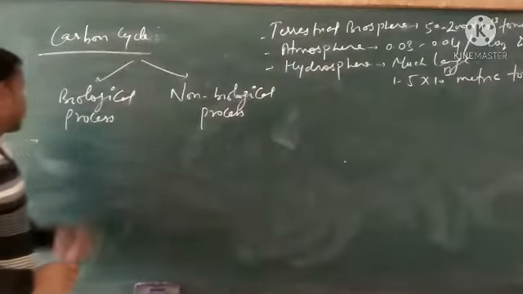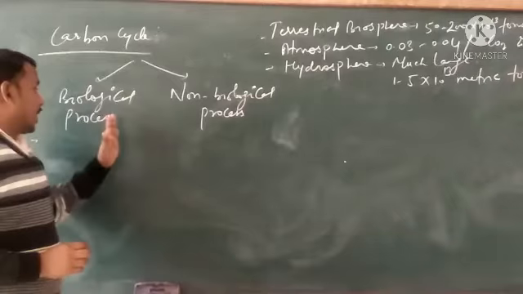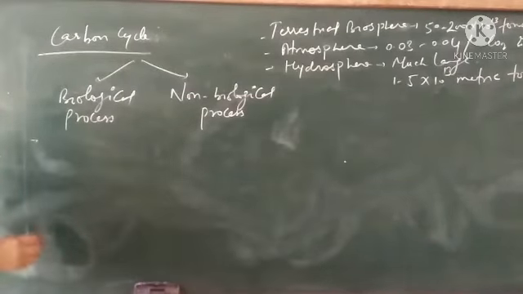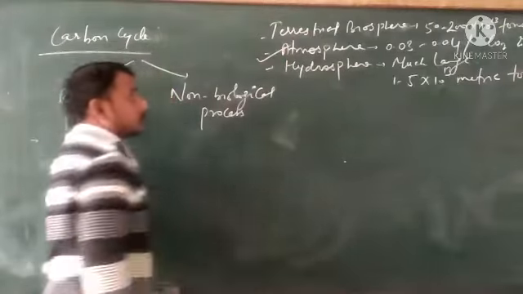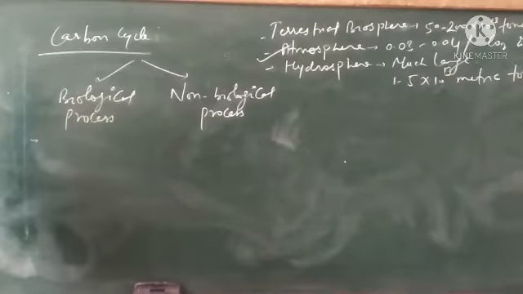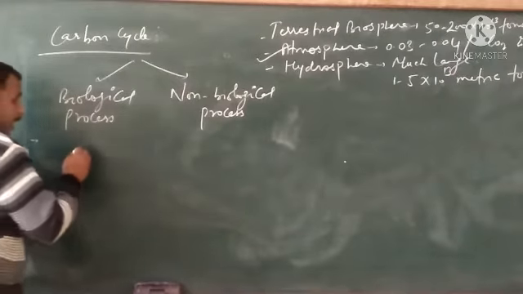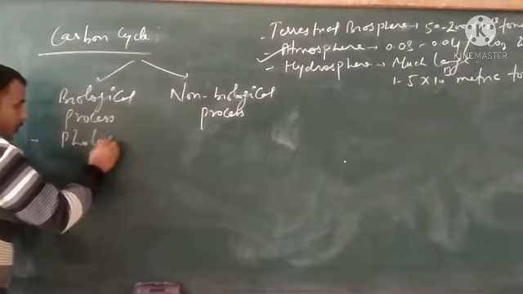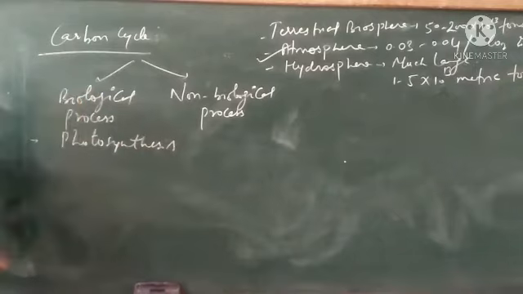Now we will discuss the fixation of carbon through the biological process. The carbon present in the atmosphere in the form of CO2 can be fixed by living organisms by the process of photosynthesis.